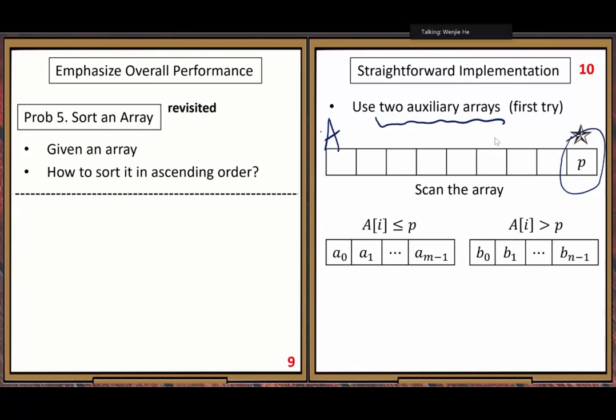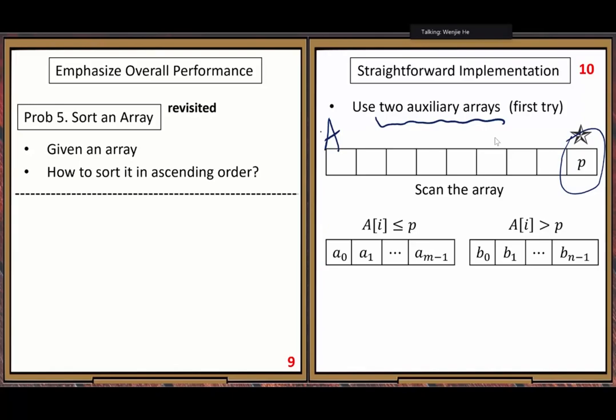So simple. One scan, we can get the partition step done.